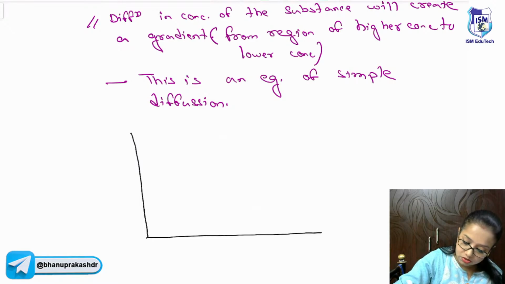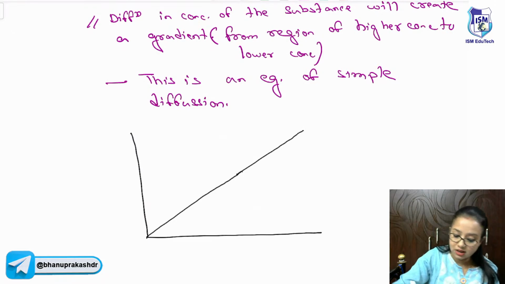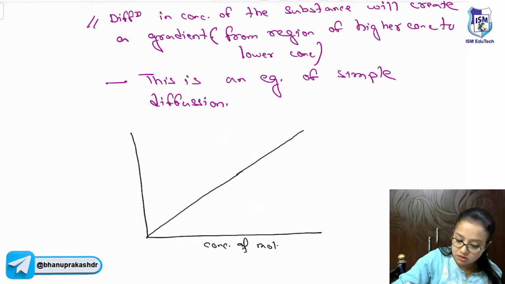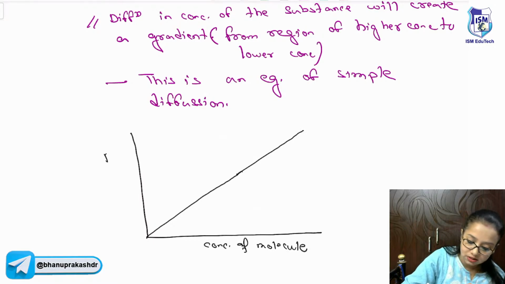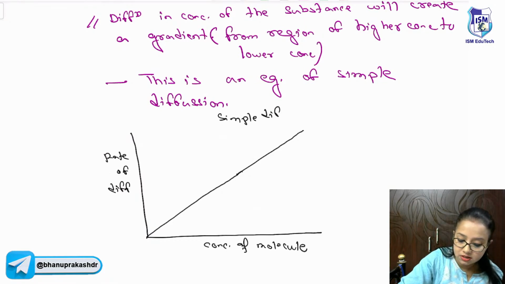On the x-axis we have the concentration, and on the y-axis we have the rate. You see, as the concentration increases, there is a linear increase in simple diffusion, meaning as long as the concentration of the molecule is more, the rate of diffusion will be higher. This is an example of simple diffusion.